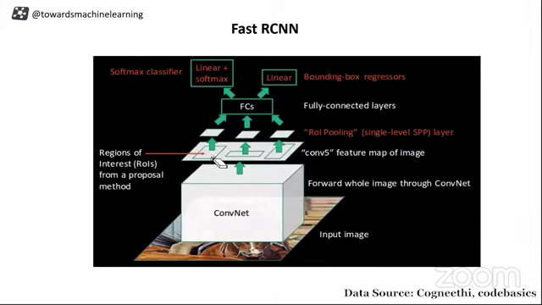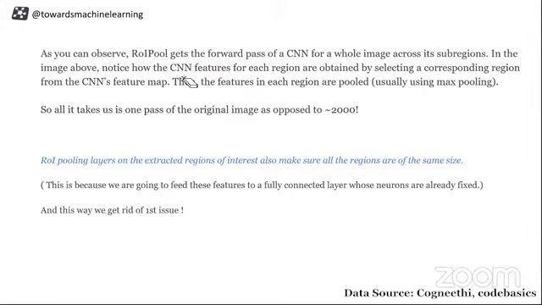You can pull those out, and then you have fully connected layers, which end with the bounding box regressor, as well as something different here. Earlier, we were using an SVM classifier, but in this architecture he was using a softmax classifier. As you can see, we are not passing 2000 images separately for a single image through the convolutional neural network, so we are saving our time.